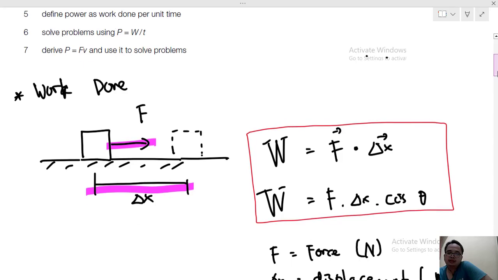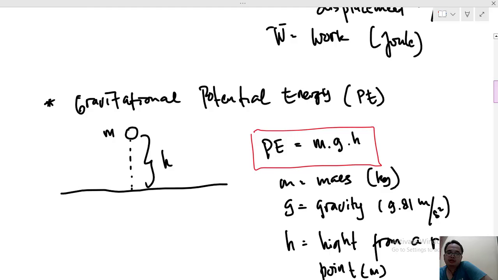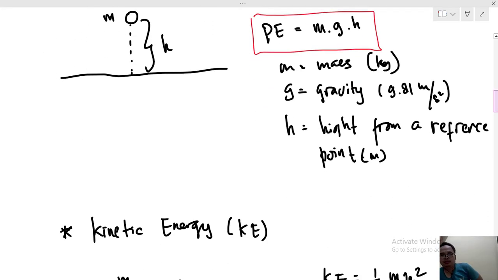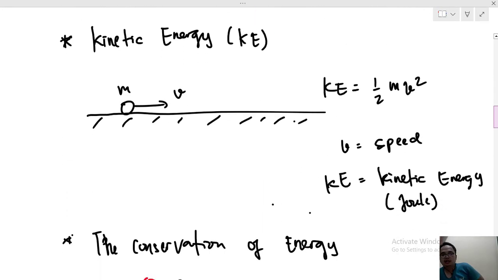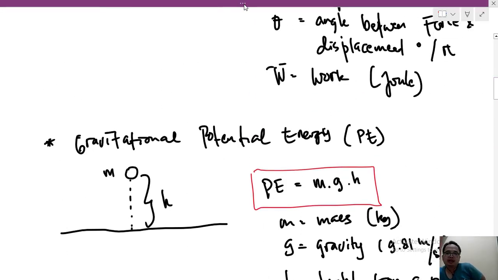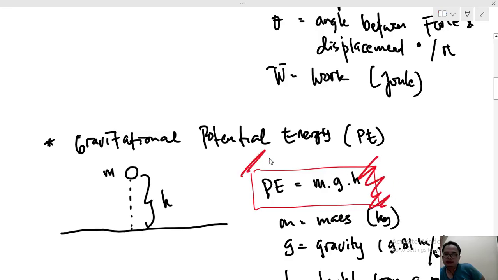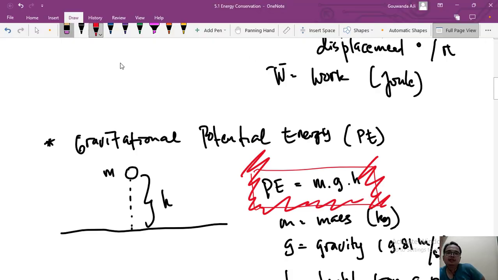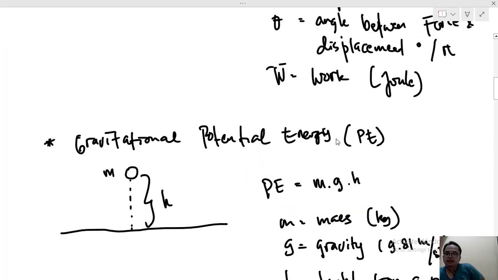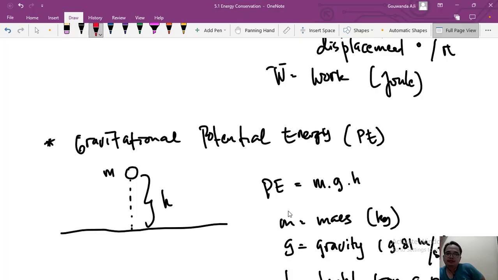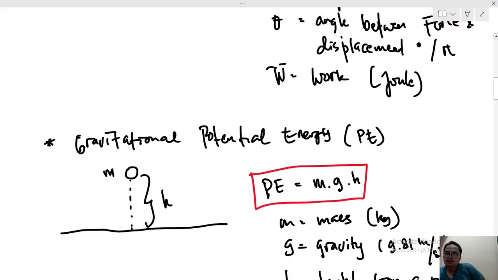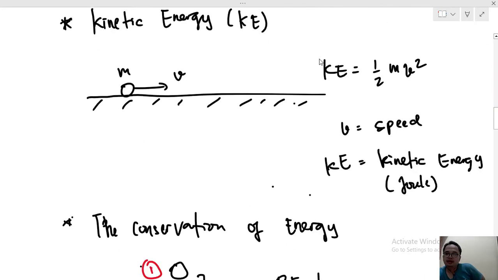The unit of work done is joule. And gravitational potential energy, PE, the unit is also joule. Kinetic energy is also joule.